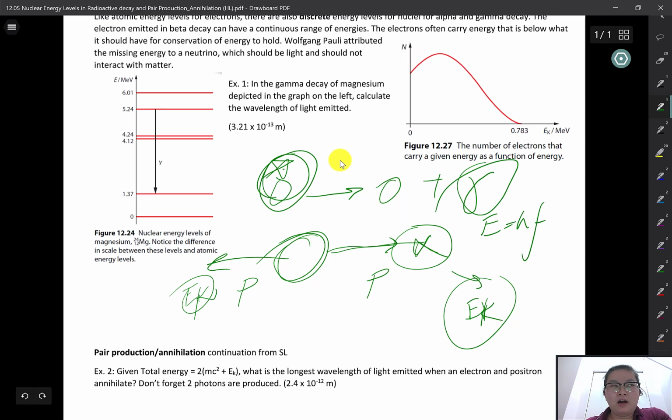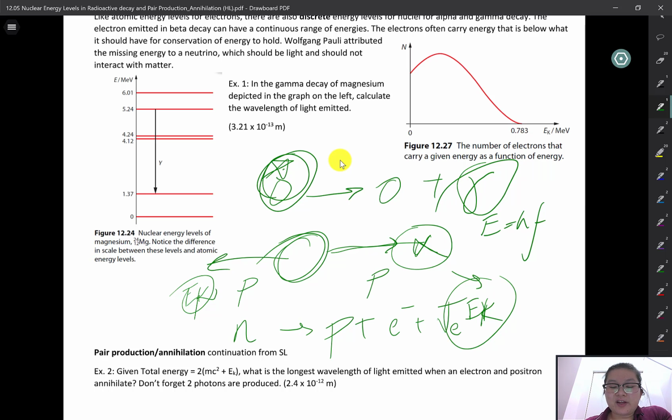Then you might be wondering, what about beta decay? Well, if you recall, in a beta decay, whether that's a neutron to a proton or a proton to a neutron, let's say this is beta minus, you get an electron, but you also get a neutrino, okay? An electron antineutrino in this case.